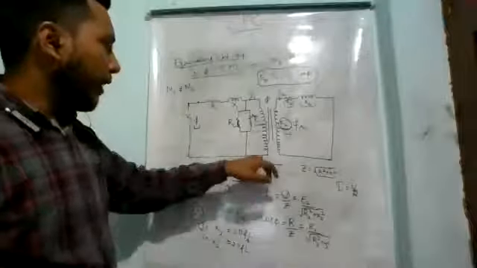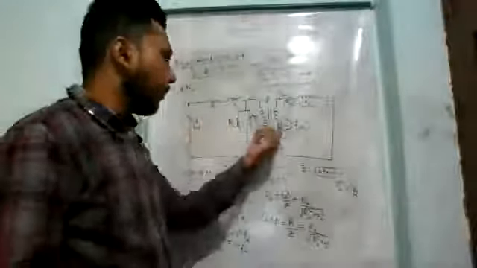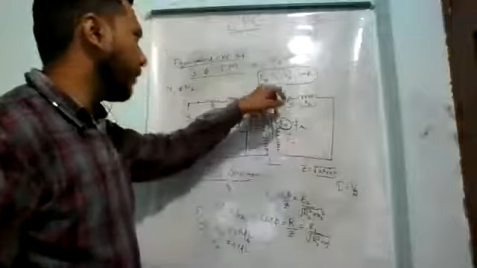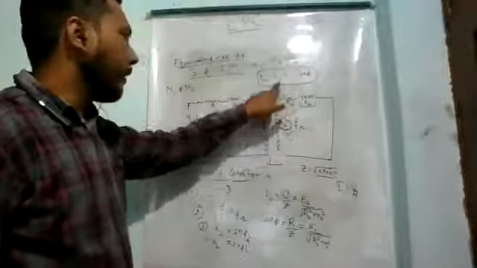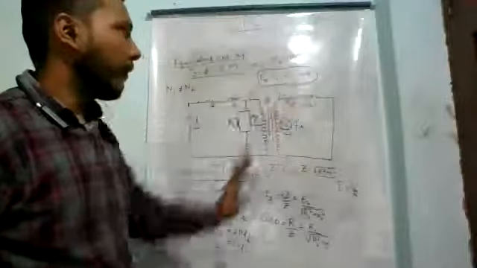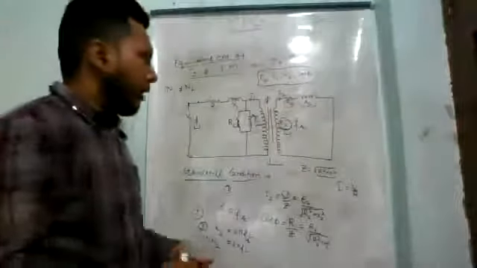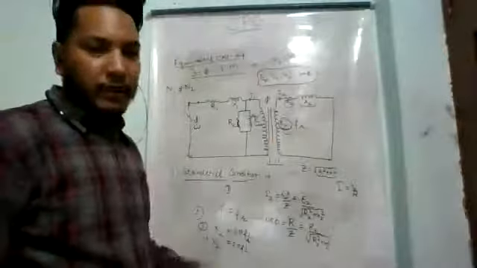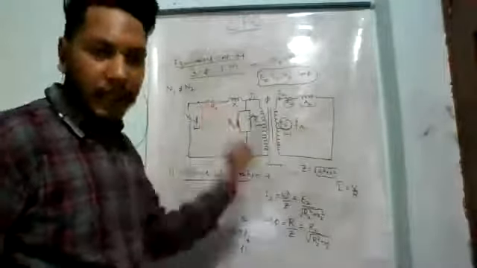Now we have to calculate the parameters from the equivalent circuit: the induced EMF at the secondary side, secondary current, secondary reactance, and the power factor. Why are we talking about the secondary side? Because the shaft is connected at the secondary side.